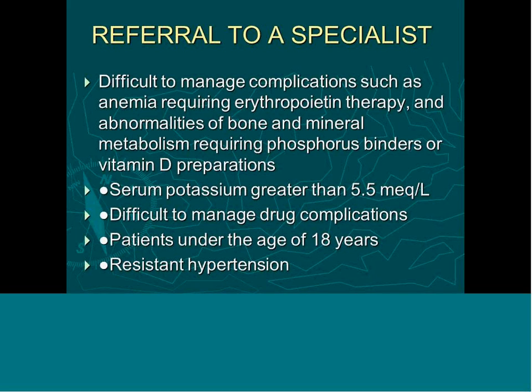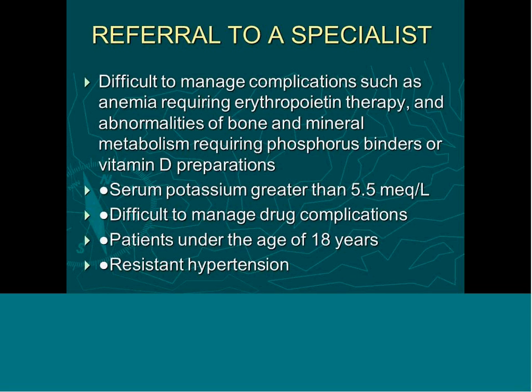Others may be slightly softer, but you cannot rule them out altogether. Difficulty managing drug complications. And patients with hereditary kidney disease should be referred to nephrologists for workup and treatment of their chronic kidney disease. Resistant hypertension is also there.